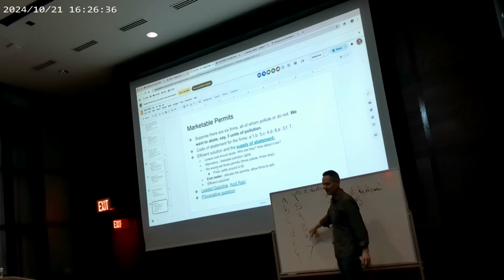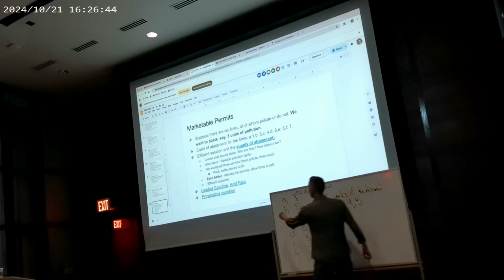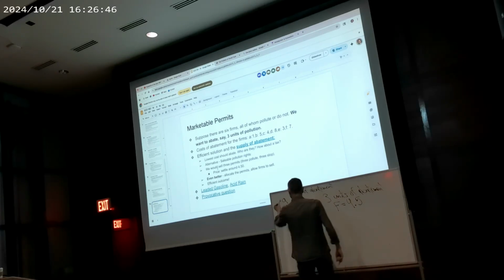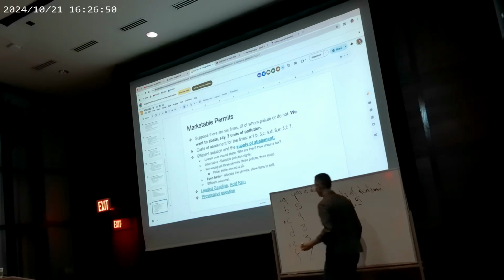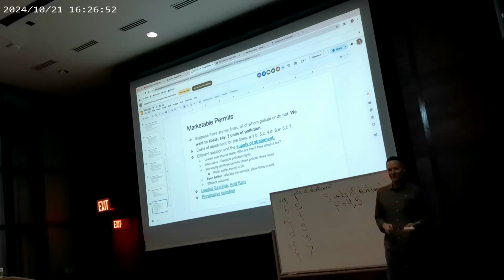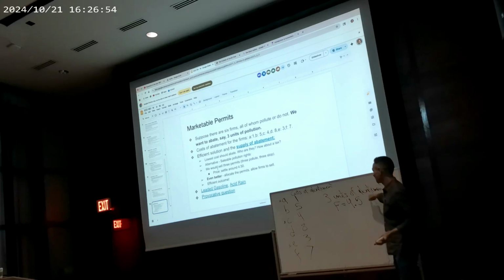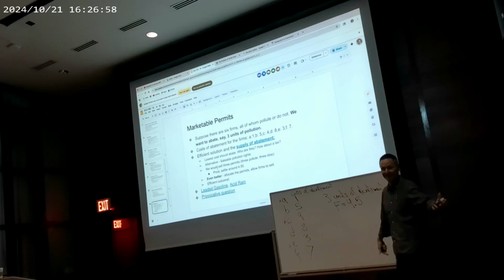Firm D is going to say, we'll keep polluting and pay. So you'll notice I picked this number so that A, C, and E are the firms that stop their behavior. We arrive with 3 units of abatement and also 3 units of pollution, right?